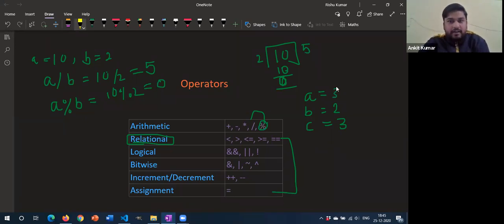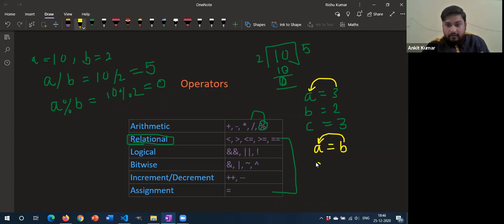So here I have 3 on the right hand side, so this value will be given to A. Similar is the case with B and C. Now what if I write A equal to B? Obviously A is not equal to B, but that is not the meaning of this equal to sign. It means whatever is on the right hand side, give it to the left hand side. B is equal to 2, so A will become 2. Now if you print the value of A, you will get the answer 2.